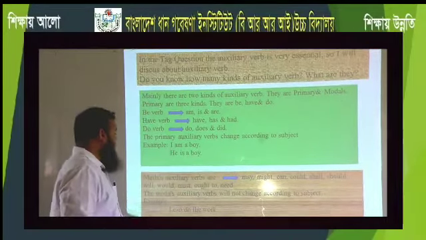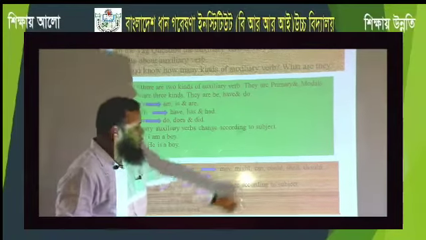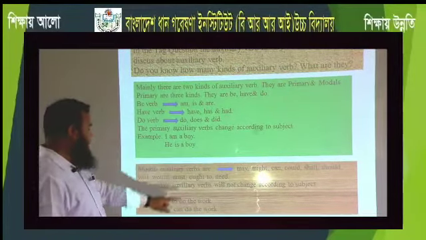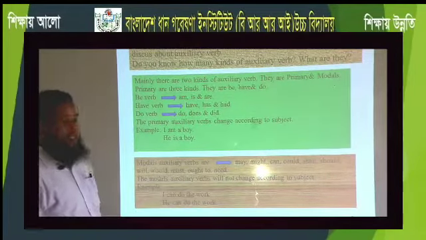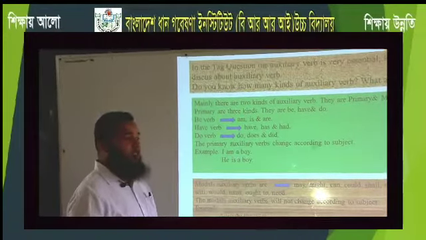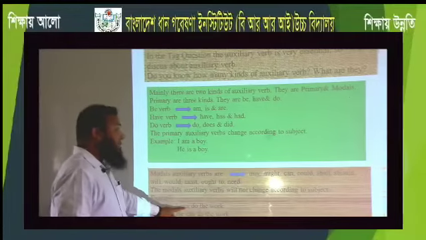Modal auxiliary verbs are may, might, can, could, shall, should, will, would, must, ought to, need. The modal auxiliary verbs will not change according to the subject. That means modal auxiliaries will always remain the same. So, I can do the work, can is a modal auxiliary.